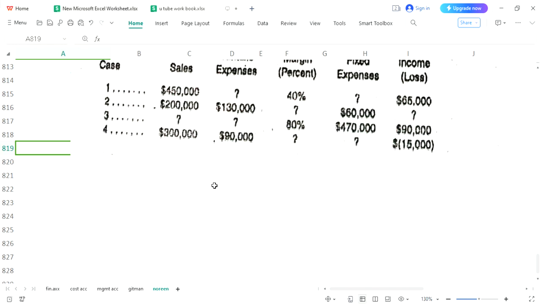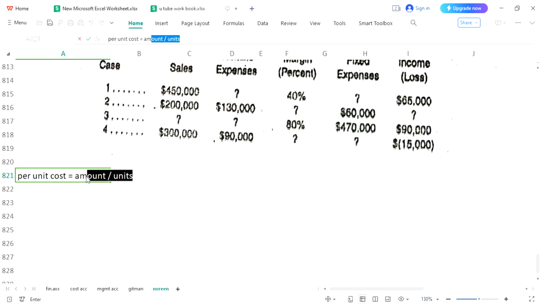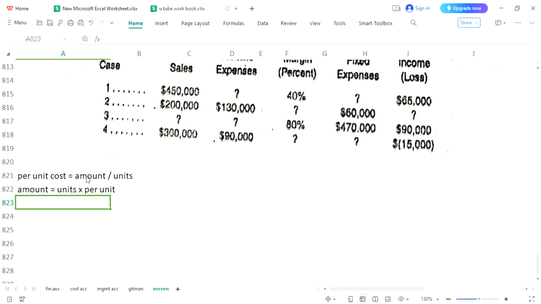The second important thing is that we will be very much concerned with per unit cost, and that is calculated by taking the amount and dividing by the number of units. In a similar manner, if you want to calculate the amount, you will take the units and multiply with the per unit figure.